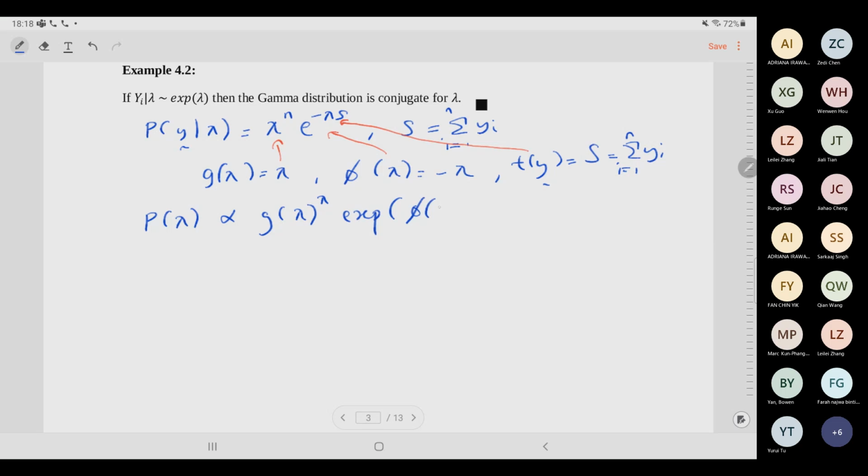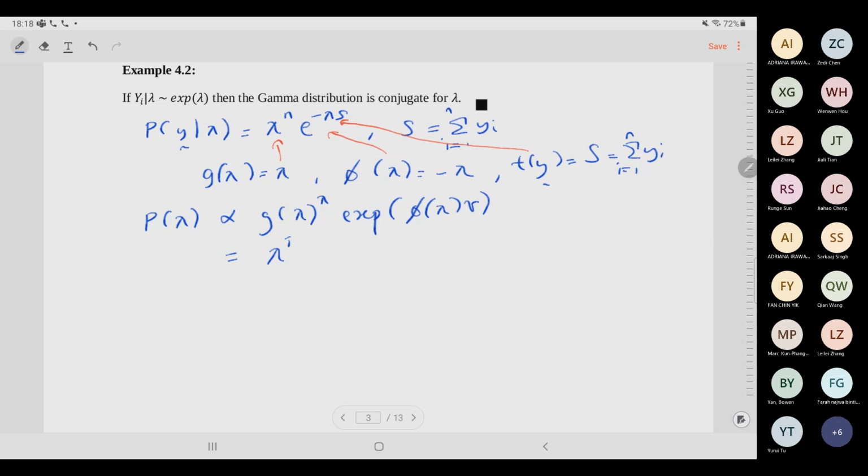So this is your function for your prior. If you use the g and phi from your likelihood, then g of lambda is lambda, so it's lambda power eta.